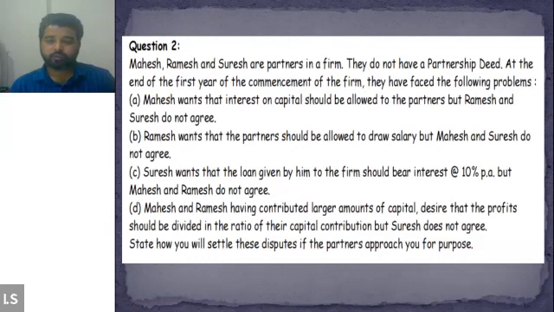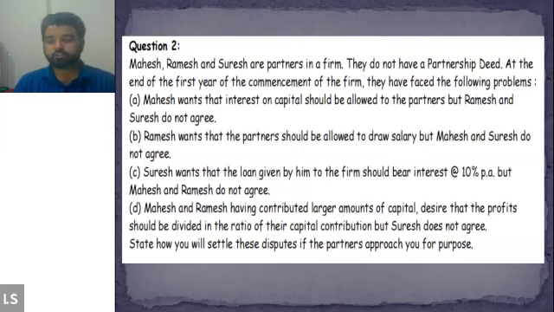Next point, B. Ramesh wants that partners should be allowed to draw salary, but Mahesh and Suresh are not agreeing. Basically, Ramesh wants to draw salary.